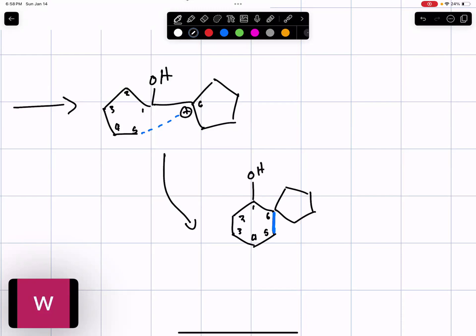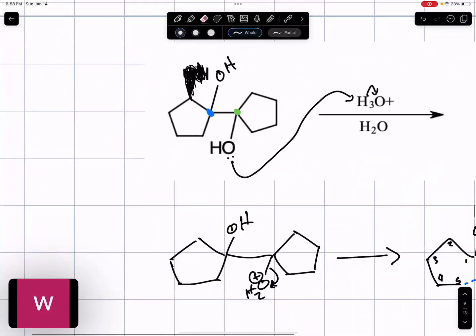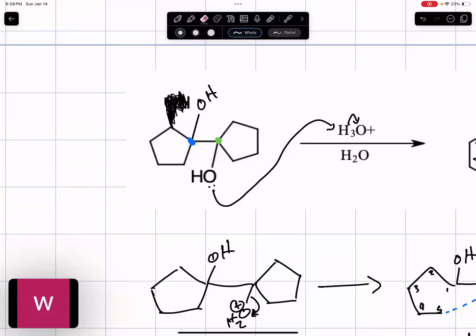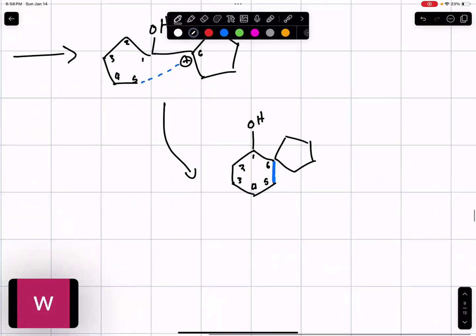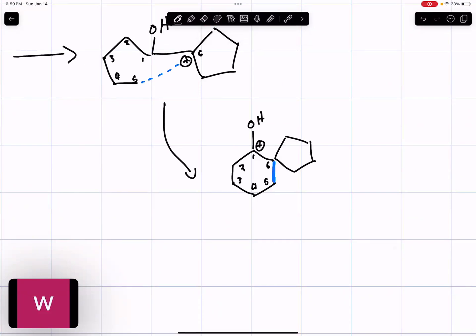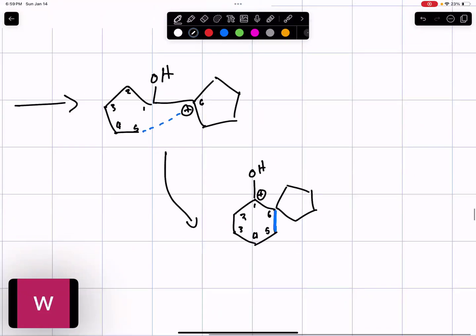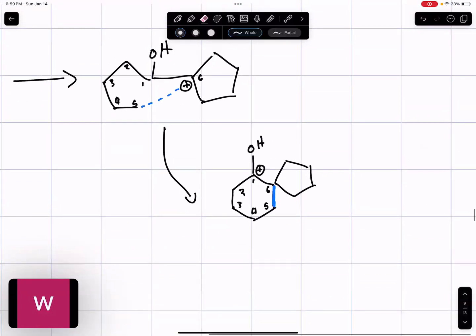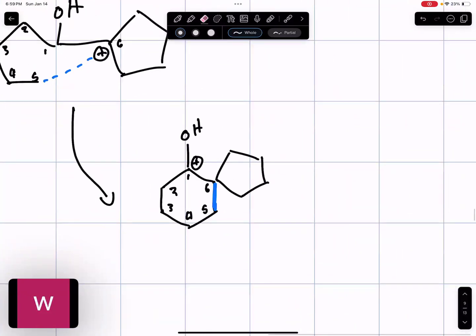Now, carbon number 1 originally didn't have any implied hydrogens, right? There's no hydrogen there. So it must now have a positive charge. And because a tertiary carbocation with resonance is a little bit more stable than just the lone tertiary carbocation, we have made a better, more stable structure.